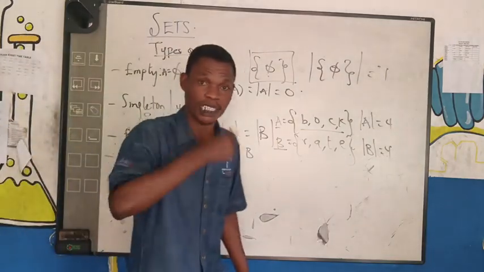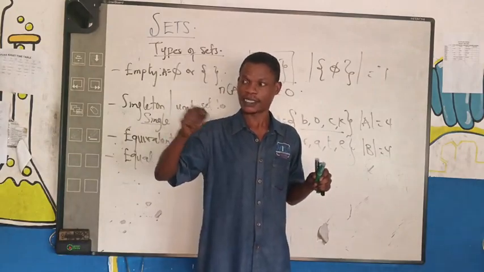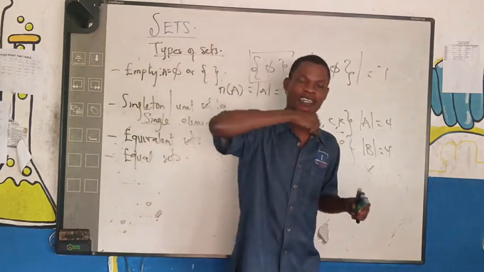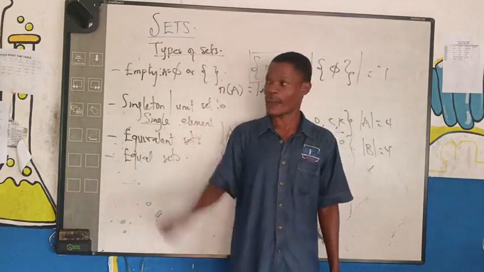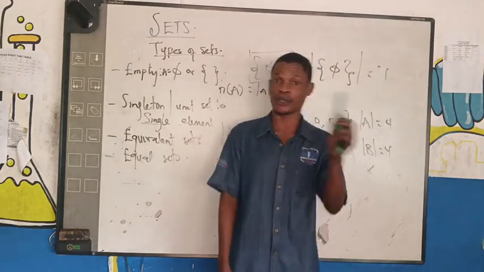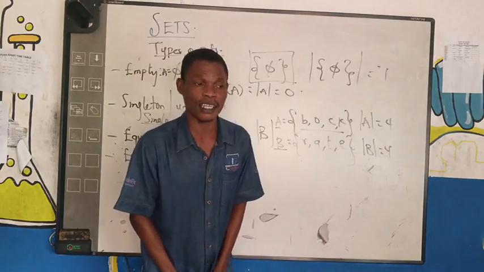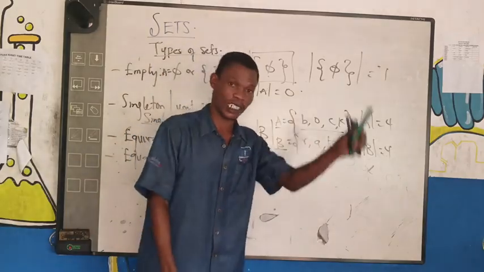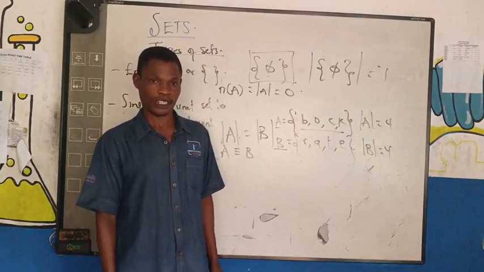Two sets are said to be equal when every element in the first set is the same element in the second set. I have A in the first set, I have A in the second set. I have K in the first set, I have K in the second set. I have B in the first set, I have B in the second set. Then we say these two sets are equal. There's nothing in the first set that is not in the second set, and nothing in the second set that is not in the first set. Are we together here? Are you getting what I'm saying?